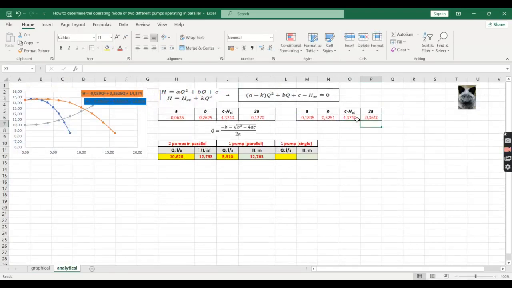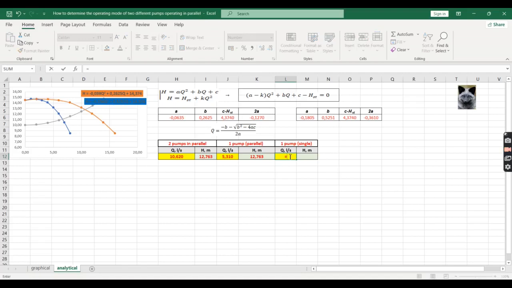So the gaps are filled, and now we have all the data that we need, so to use once again this equation and estimate the individual flow rate of a single operating pump.